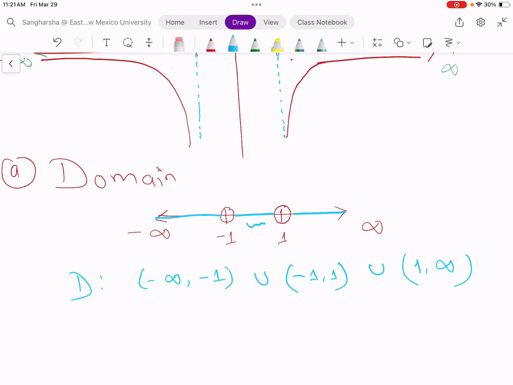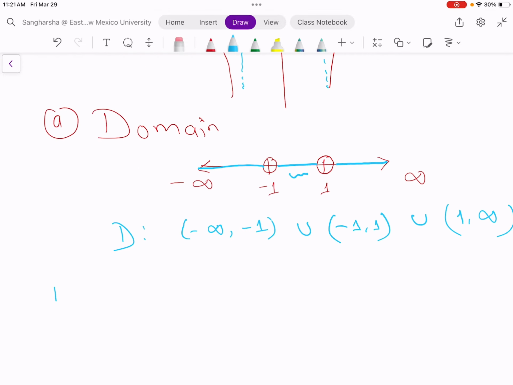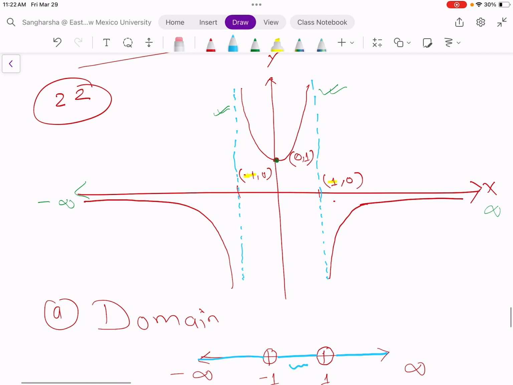The next is you will be asked to write down the x-intercept and y-intercept. Now for this function, do you have an x-intercept or not? An x-intercept means you are looking at the point where the graph crosses the x-axis. For this graph, if you extend it all the way to the left or all the way to the right, it never crosses the x-axis.